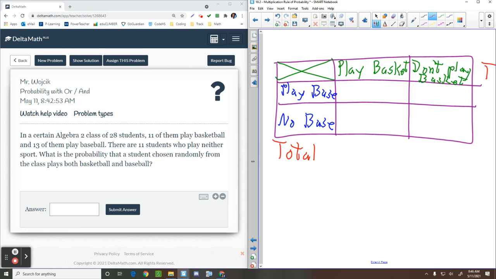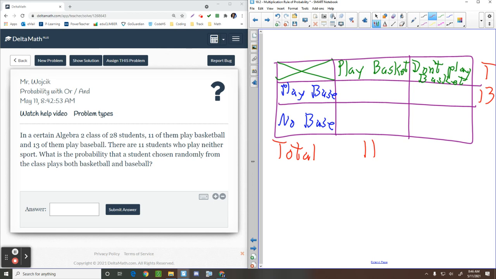Now, of those 11 who play basketball, some play baseball and some don't play baseball. I don't know exactly how many of each. It also says 13 play baseball. And again, of those 13, some play basketball, some don't play basketball. I don't know how many, though.